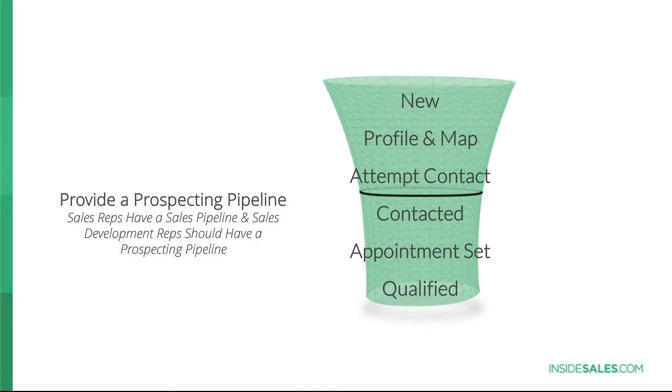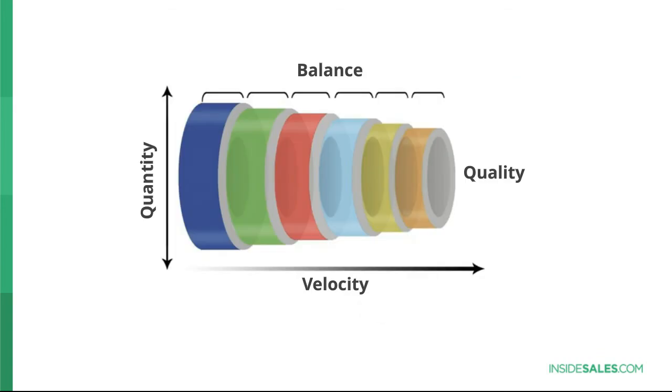It's really based on your lead or your contact statuses, just like an opportunity is based on your opportunity stages. A strategic prospecting pipeline is based on solid lead or contact statuses. Now, if you want to think strategically about your prospecting pipeline, you typically are going to want to be thinking about 4 key areas. And that is quality, quantity, velocity, and balance. And I'm going to just actually give you the definition so that you have each of those there.